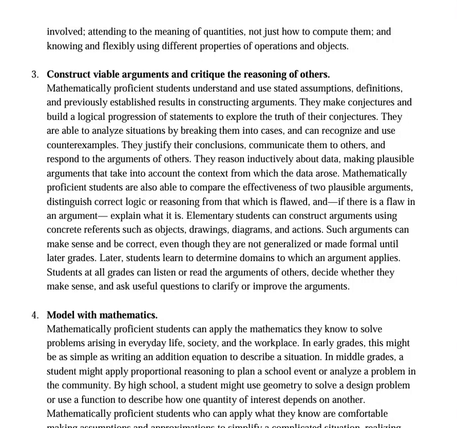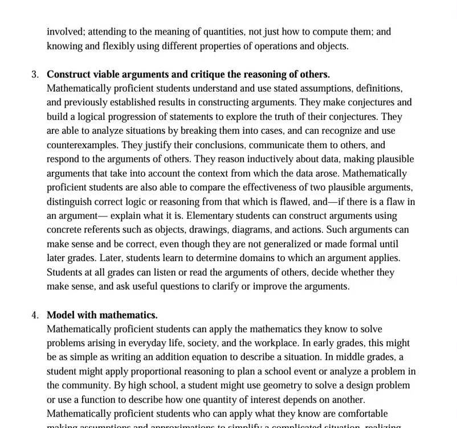They make conjectures and build a logical progression of statements to explore the truth of their conjectures. They are able to analyze situations by breaking them into cases and can recognize and use counterexamples. They justify their conclusions, communicate them to others, and respond to the arguments of others.